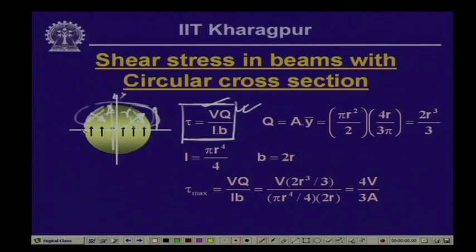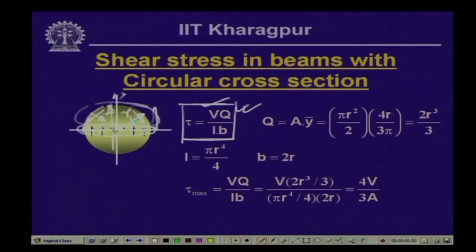However, if you look at this particular position, which happens to be the neutral axis of this cross section, here along this diametral line the shearing stresses are all parallel to the y axis, so we can compute the shear stress at this location.